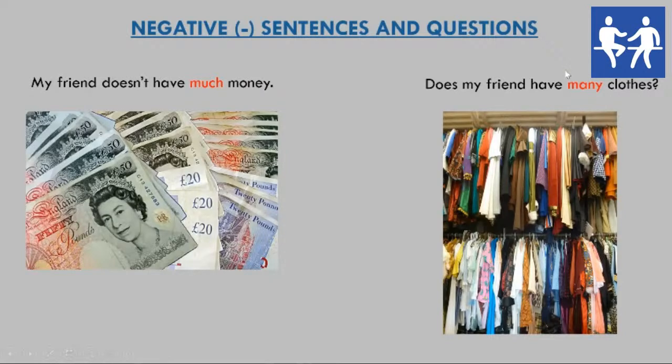Now, thinking about our positive sentences, why do you think we have different quantifiers for money and for clothes? Can you remember the difference between money and clothes?